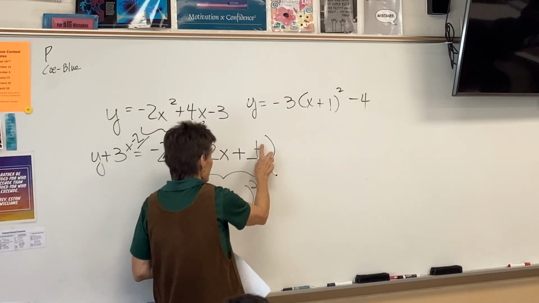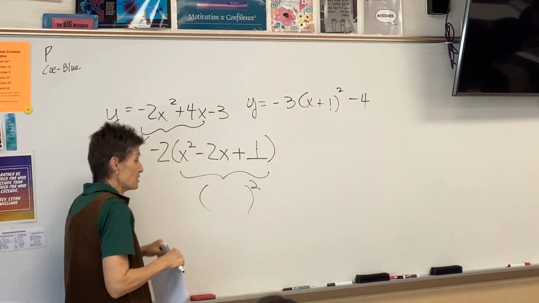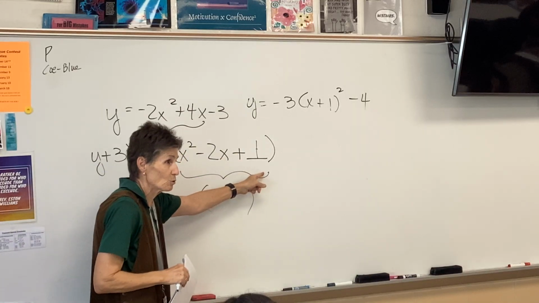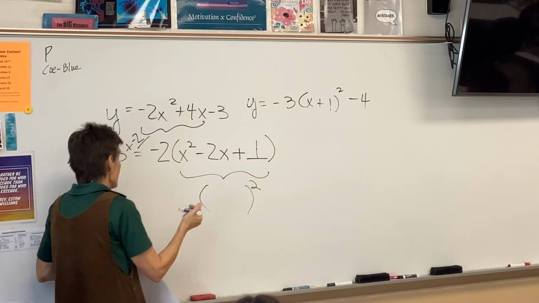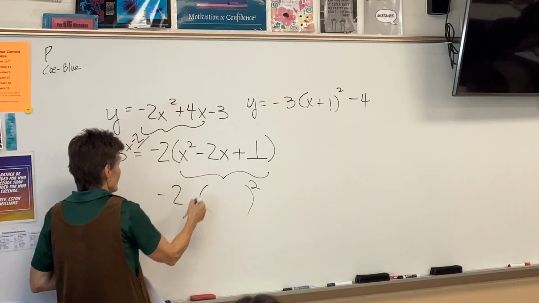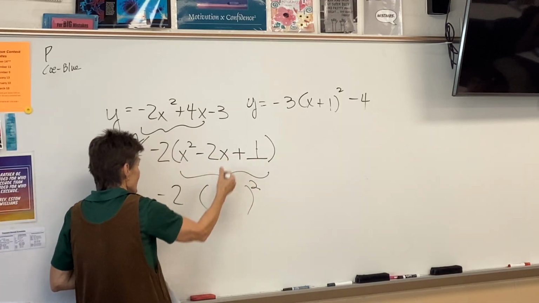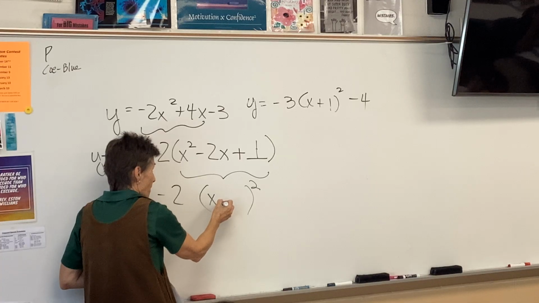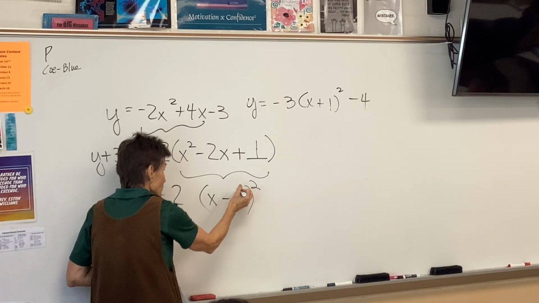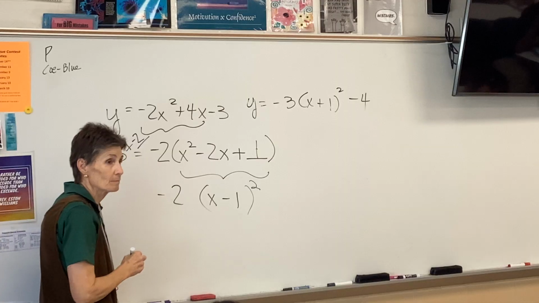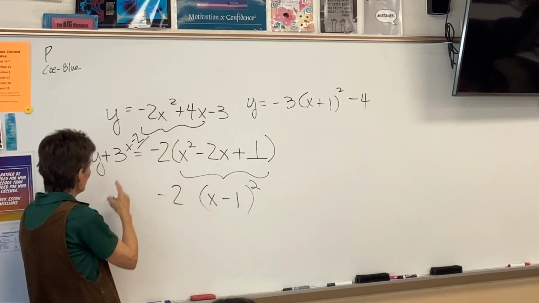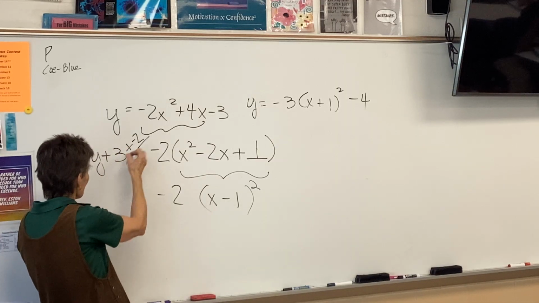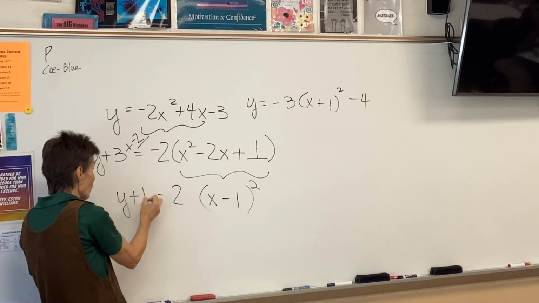So you've got to make sure that you are distributing that number to whatever you put there. All right, so now here's my -2. What is this? This should be x minus 1 squared. And over here, when I add that together, I have y plus 1.